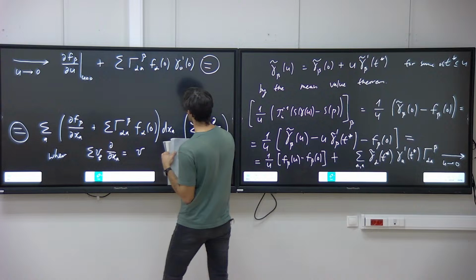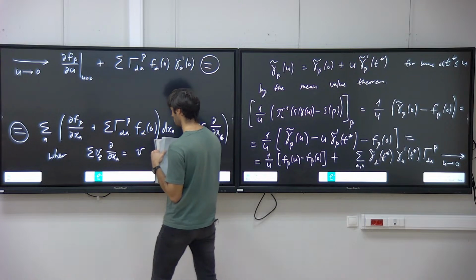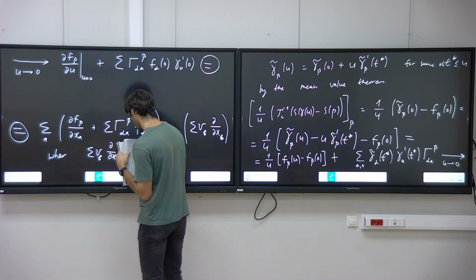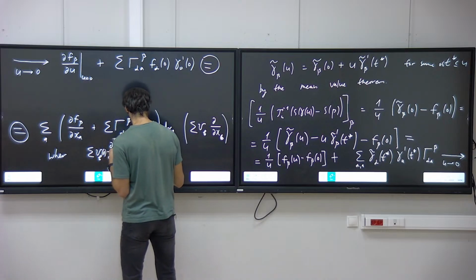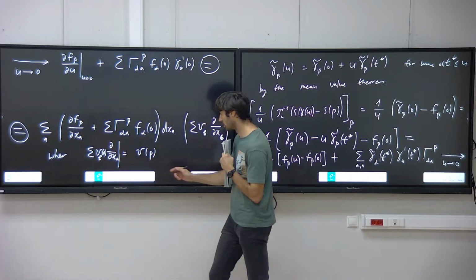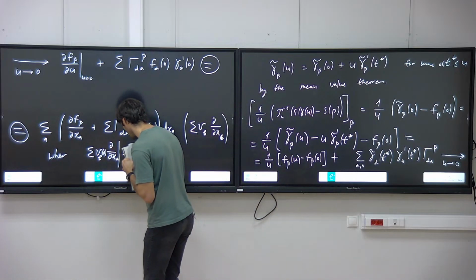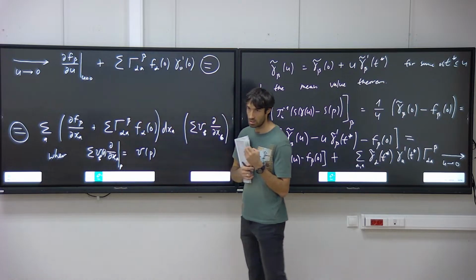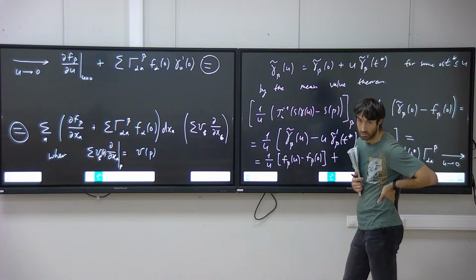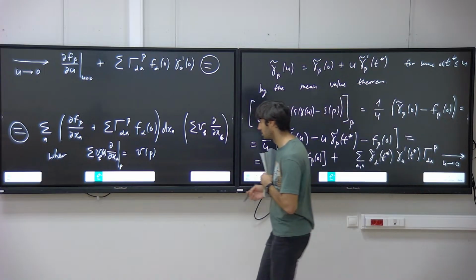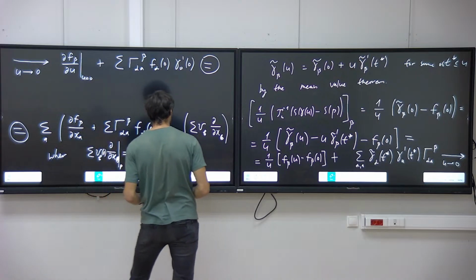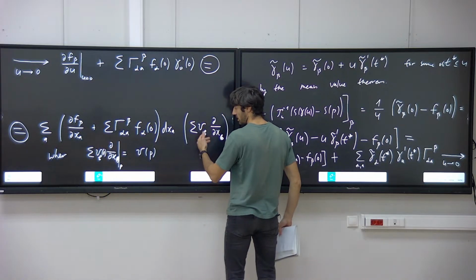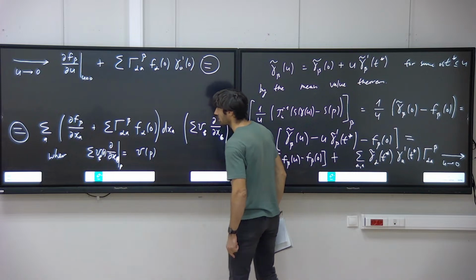This is all at 0, so I need to take this at 0. This is at 0, so this is v at p. This is at p. So d over dxb, sorry, not dxa. So this is just a coordinate expansion of my vector field V.